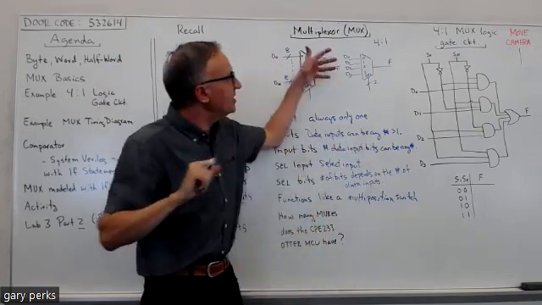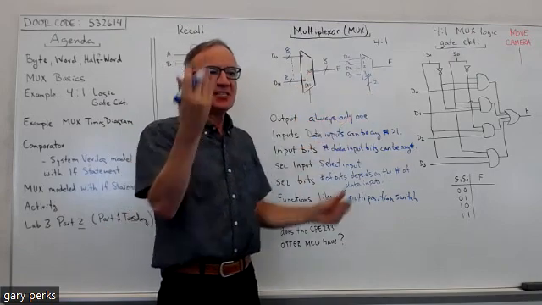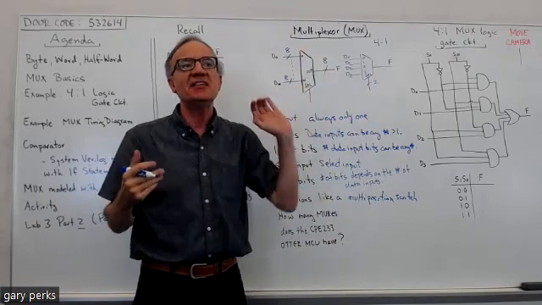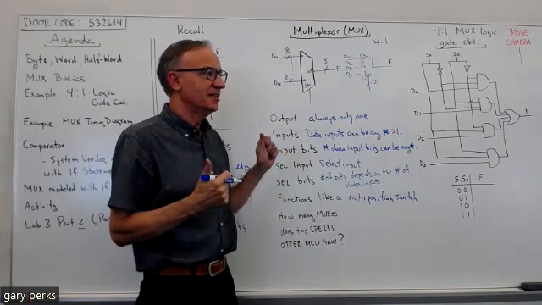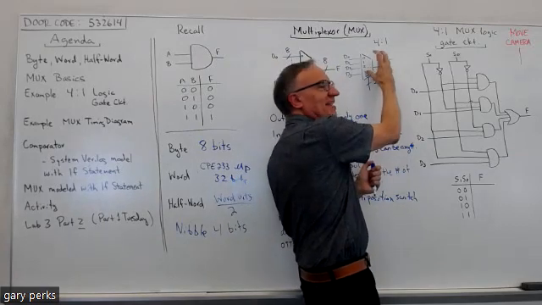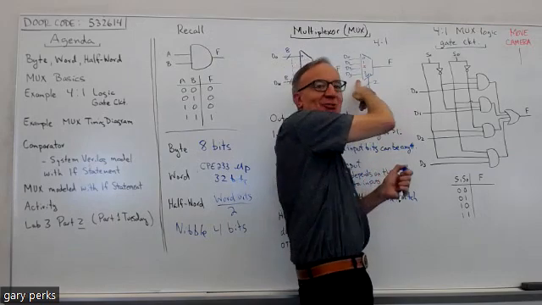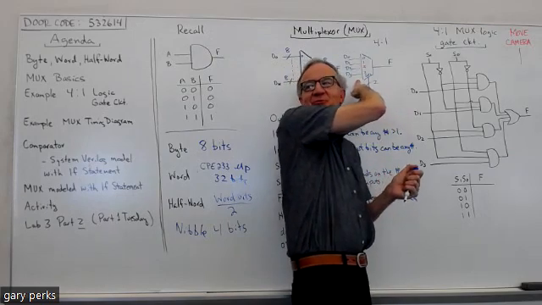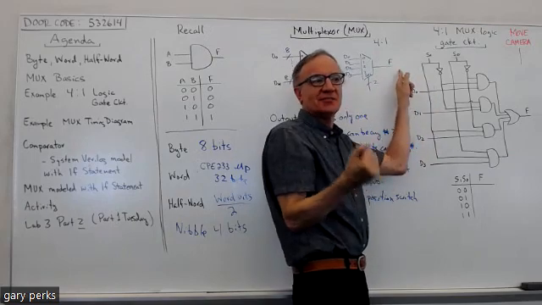So if I had 8 data inputs, I would need 3 select bits, because I need 3 bits in order to select from 8 things. Does that make sense? It's sort of like the select bits are acting like the hand that turns the dial, that chooses which input is going to be chosen to be at the output.